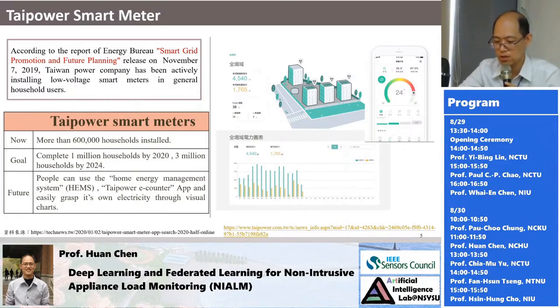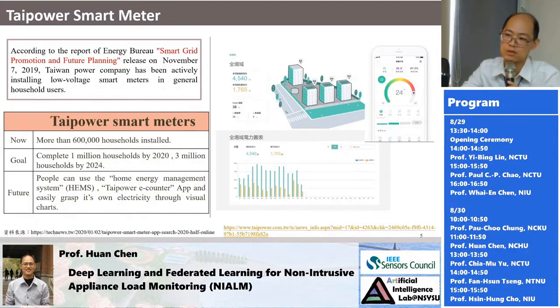In the future, people can use the home energy management system, which is installed at home, and we can provide more information. On the right side of this page, you can see the e-counter application provided by Taipower.